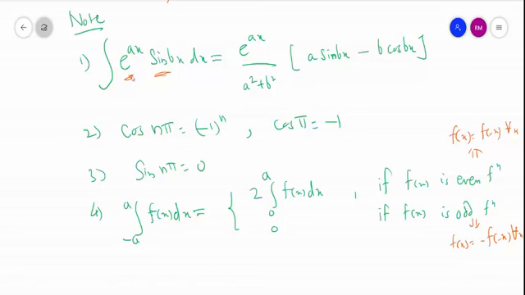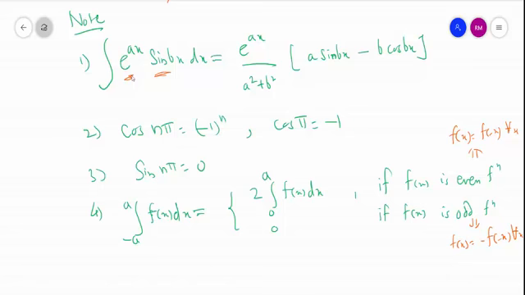And integration from minus a to plus a, here the interval is like minus a to plus a, of f of x dx, and if f of x is an even function, means f of x satisfies the condition f of x equal to f of minus x for all x belonging to this domain, then the limits of this integration will be changed, that is integration from 0 to a, not minus a to a, and we have to multiply by 2.